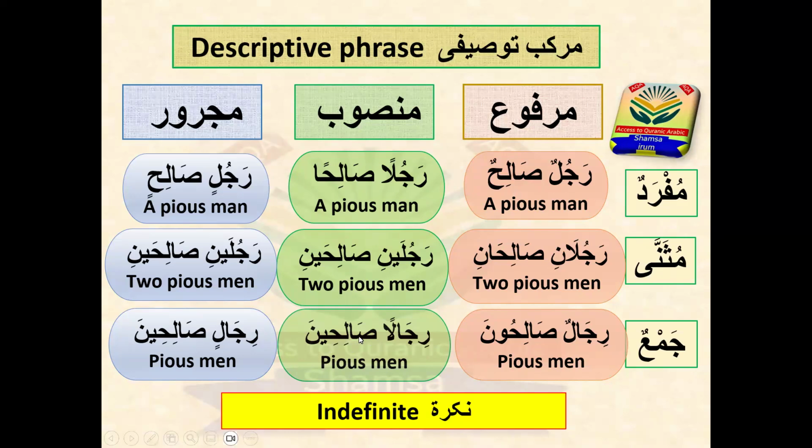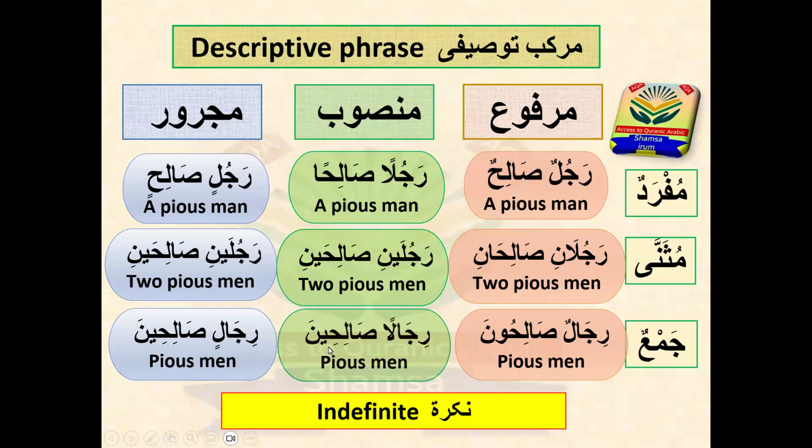But if I ask whether salihina is mansoob or majroor, you have to say that it is mansoob because the mausoof is mansoob. Rijalan has fathatain on top of it, which indicates that it is mansoob. If the mausoof is mansoob, the sifa will also be mansoob.